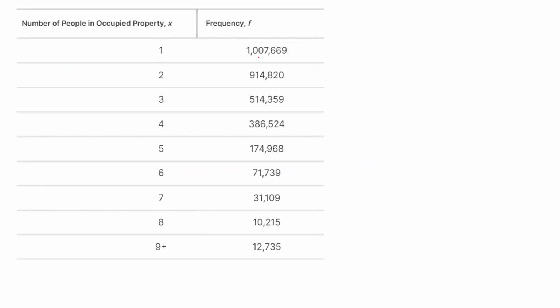So what happened is the statisticians, the team, collected the data. They went to different properties and asked, how many residents are living here? In 1,007,669 properties, it happens that there is only one resident.